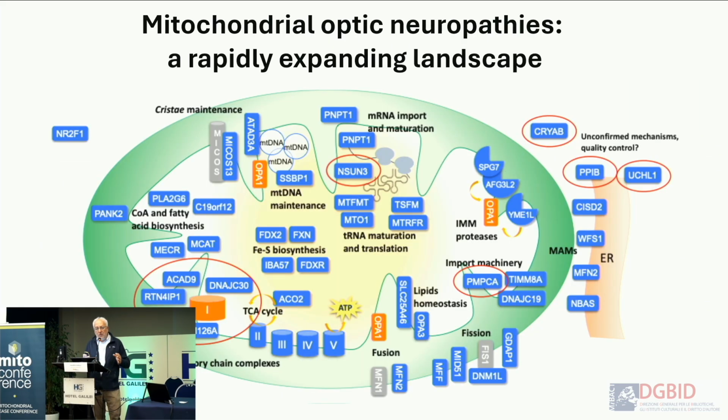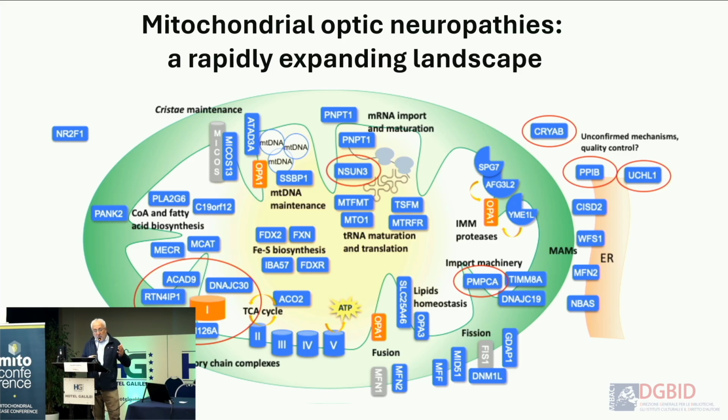The large majority of these genes are primarily involved in mitochondrial biology. We're now starting to see something which involves mitochondria as a secondary hit, but for the large majority, these are proteins which live in the mitochondria and provide some key function. And as I already said, complex 1 is one of the key pathways. mtDNA maintenance is another one.